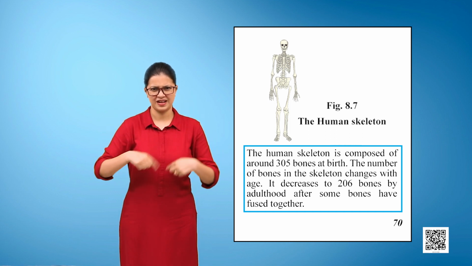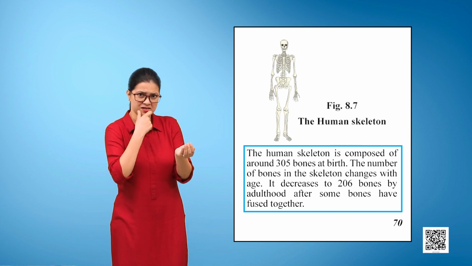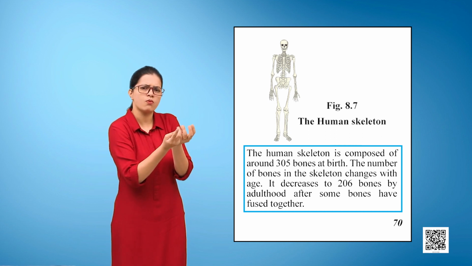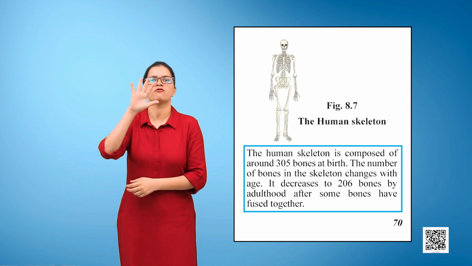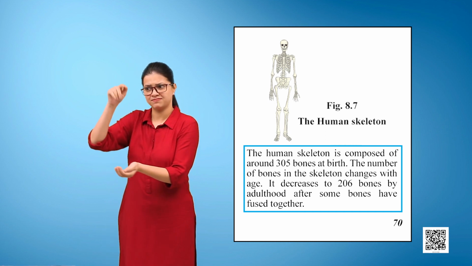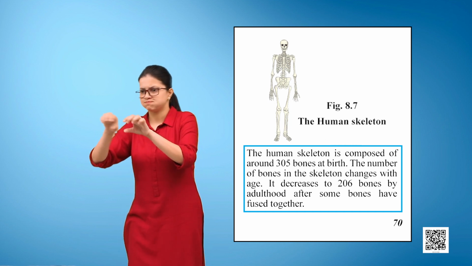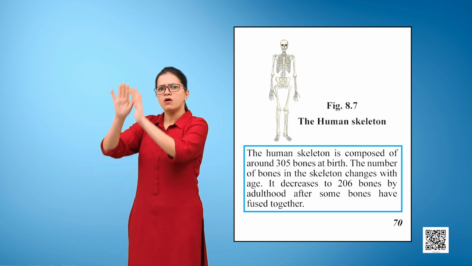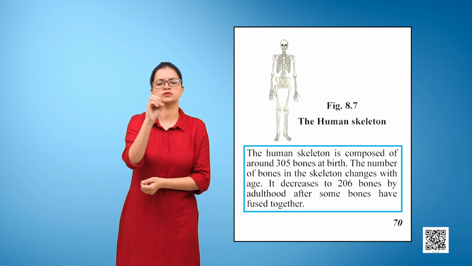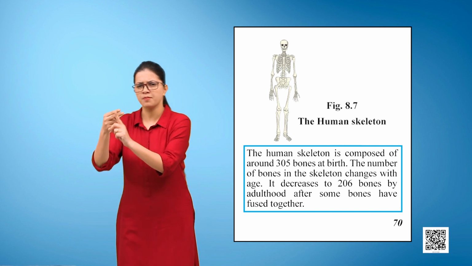The human skeleton is composed of around 305 bones at birth. The number of bones in the skeleton changes with age. It decreases to 206 bones by adulthood after some bones have fused together.